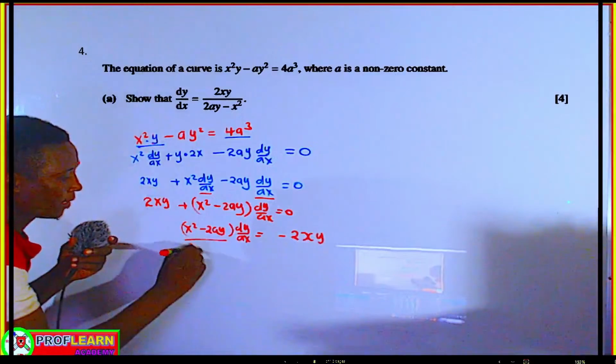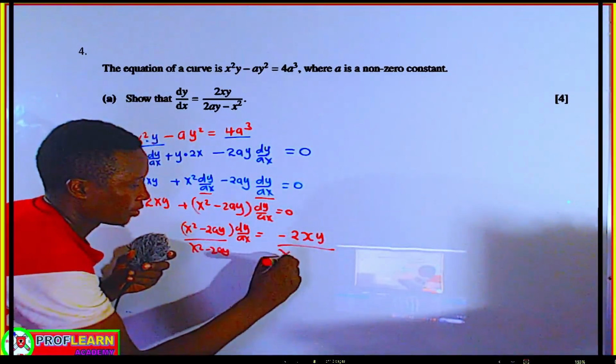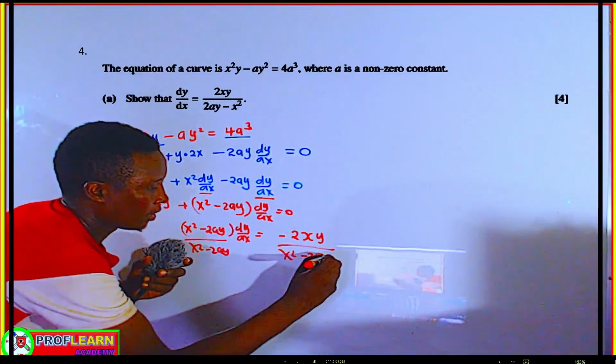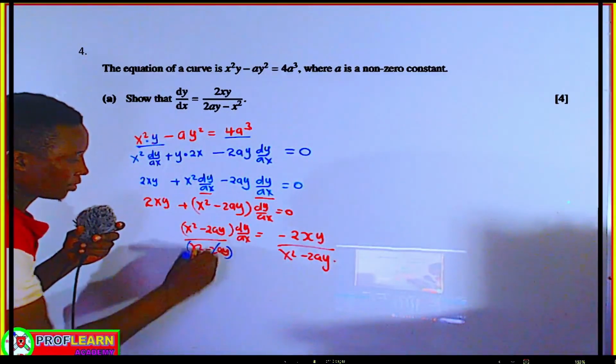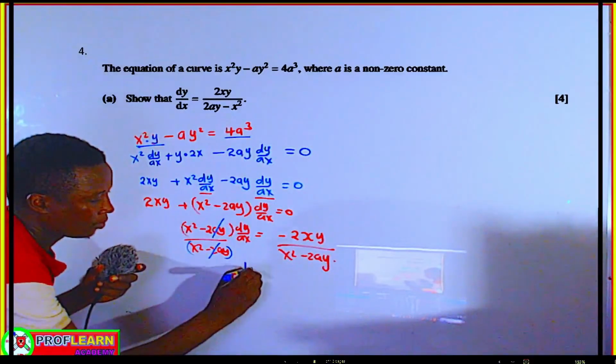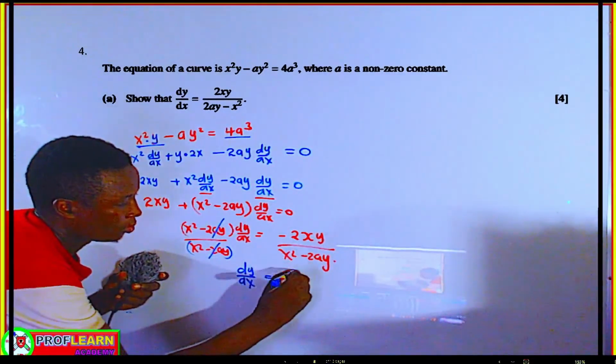Then we can divide by x squared minus 2ay, divide by x squared minus 2ay, and that will mean that this part will cancel, and we shall have dy dx is equal to minus 2xy over.